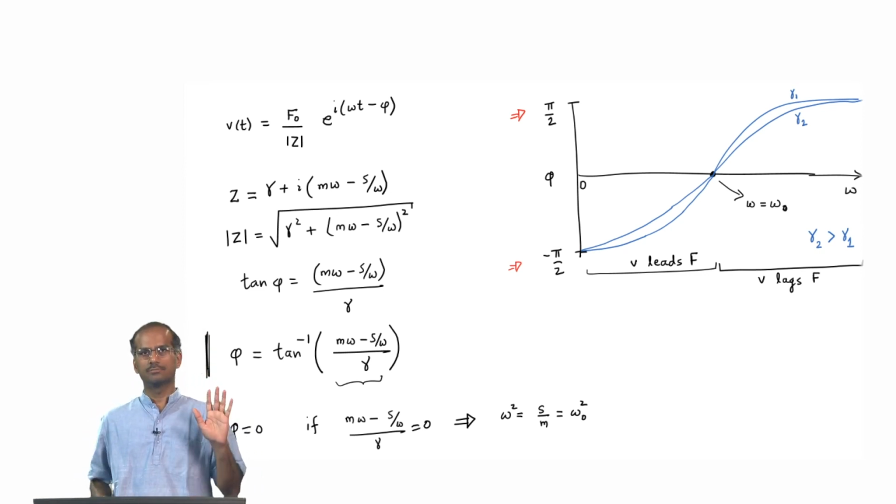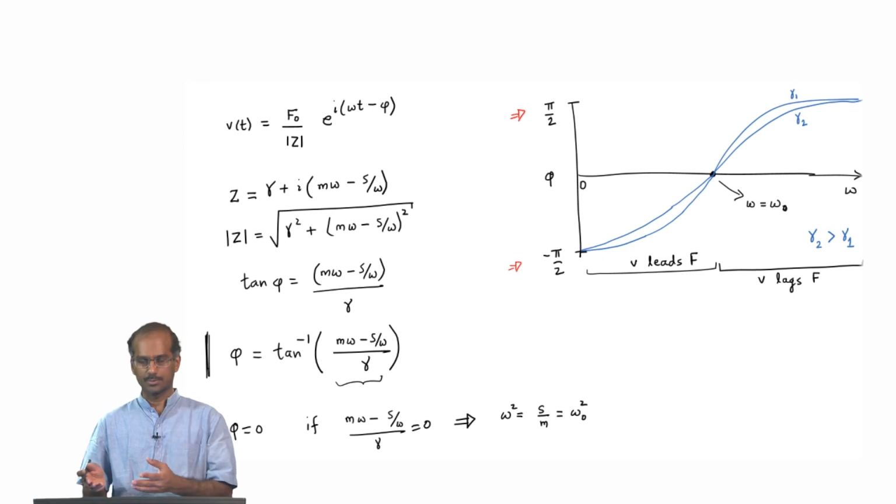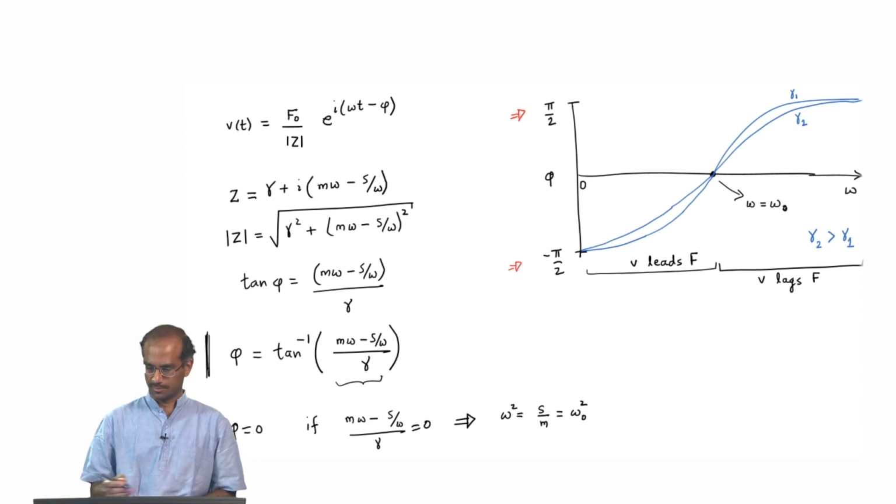You look at the phase difference between velocity and the forcing as a function of omega, and that is what is sketched here in front of you.